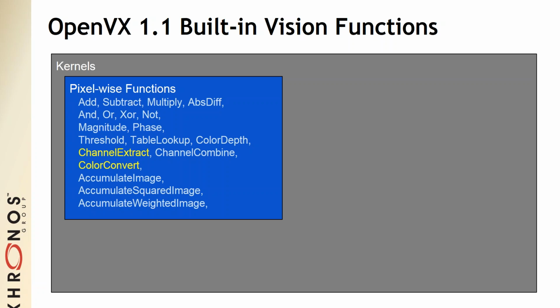If your application needs to extract separate channels from RGB, you could use channel extract. Or if you have separate images of R, G, B in U8, you can use channel combine to combine them and create an RGB image. The same goes for YUV images too.